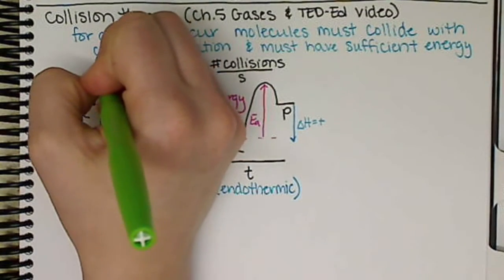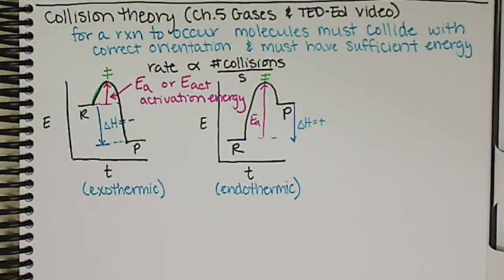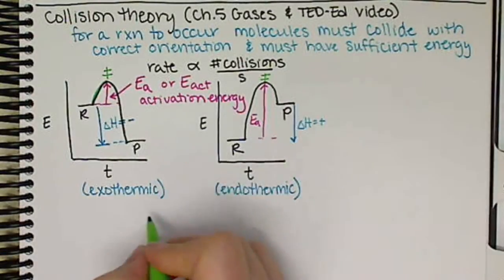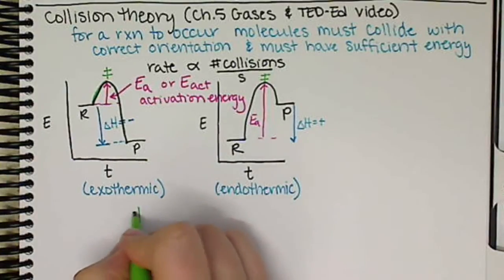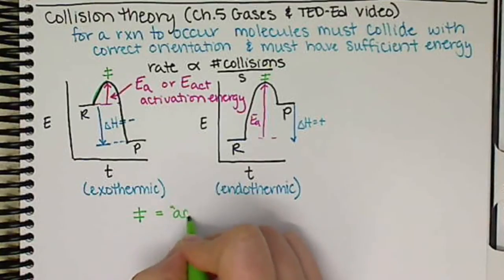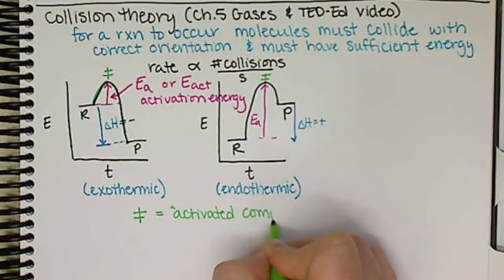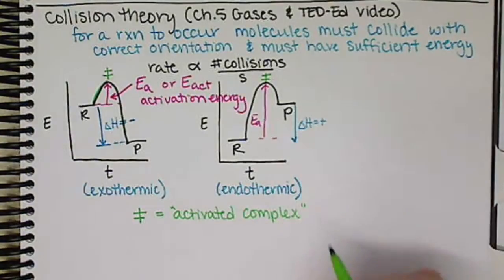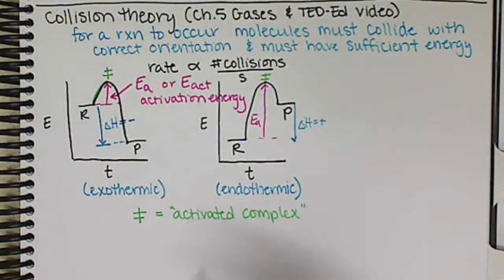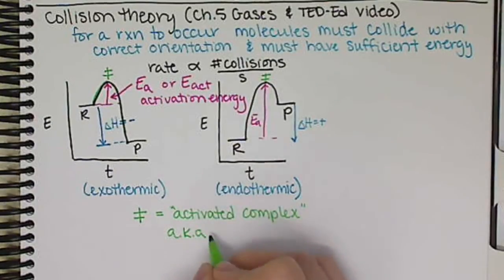So what happens is this top portion, where our activation energy is, that's where our peak occurs. This is called an activation complex. We can also call it a transition state, also known as.